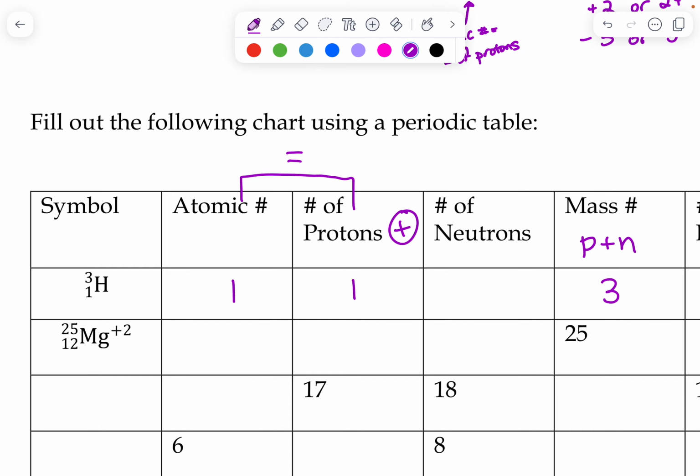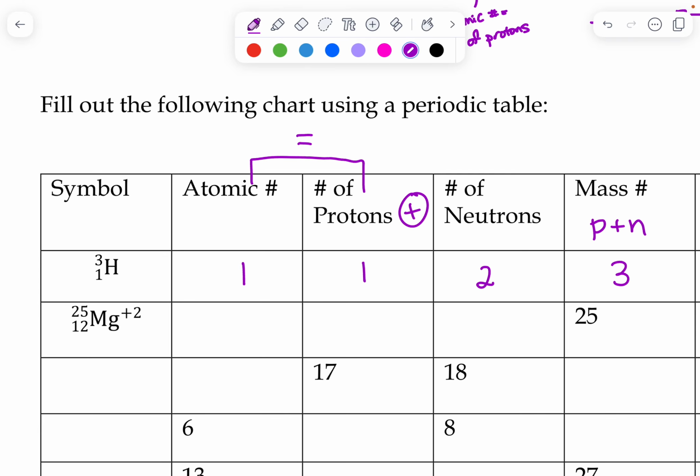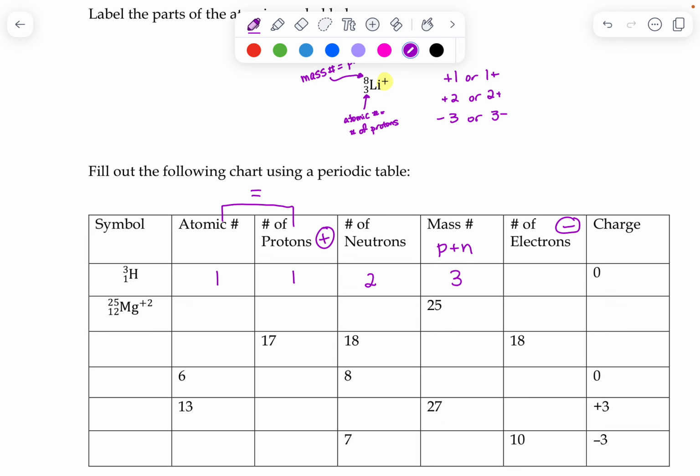Therefore, this particular isotope of hydrogen happens to have 2 neutrons. Now, if the charge is 0, if it's neutral, that means we have the same number of positive protons as we do negative electrons. So this particular one is a neutral atom of hydrogen.